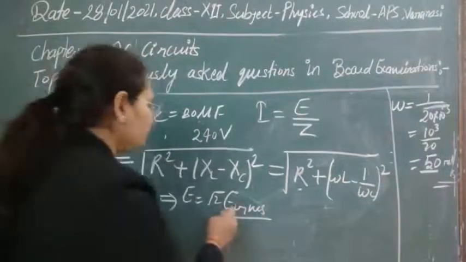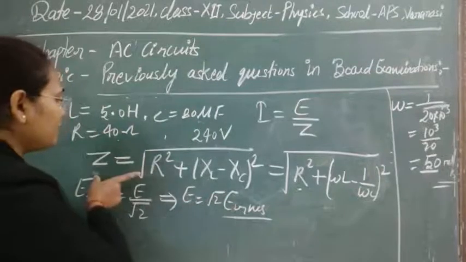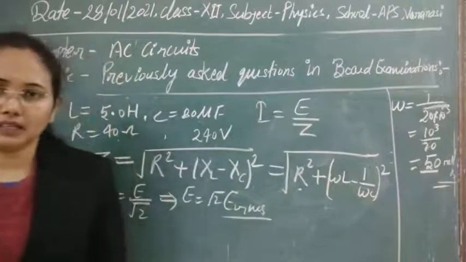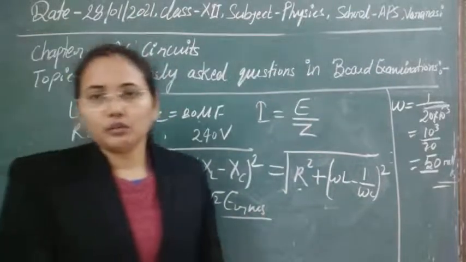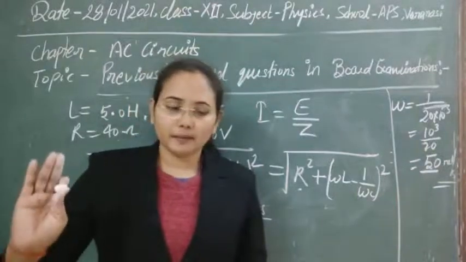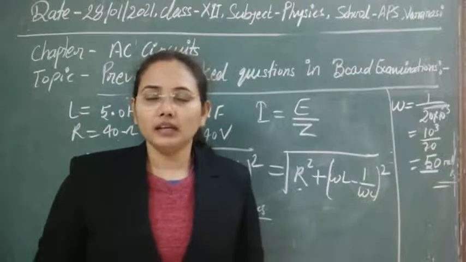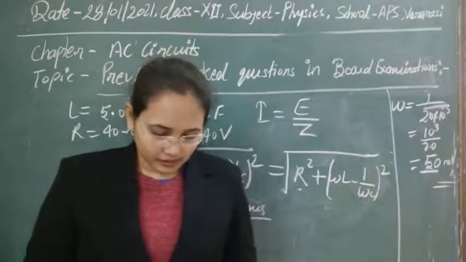You can put in the value and solve it. After that we have the value of E and the value of Z, so we can find the value of current here. That calculation is very long, so I am not going to do it here. You only need to understand how to solve it, what factors are given here, and what formula you have to use.